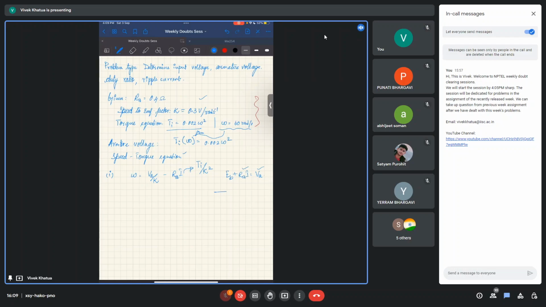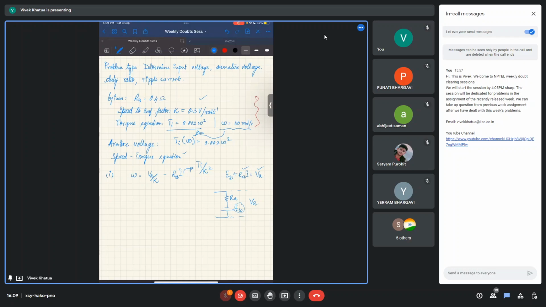If I put it in a diagram, it will look something like this. This is the back EMF, because during operation the armature will be cutting the field while it is rotating, and because of that you get a back EMF. This is nothing but VA.